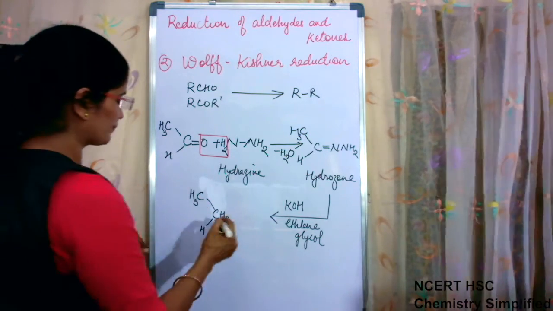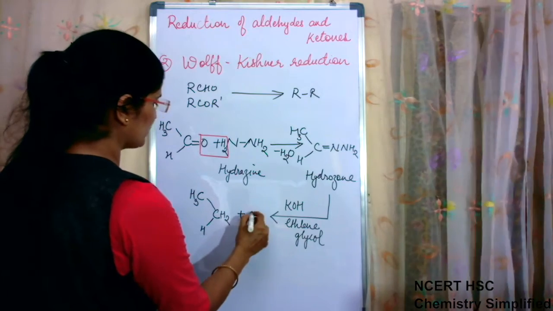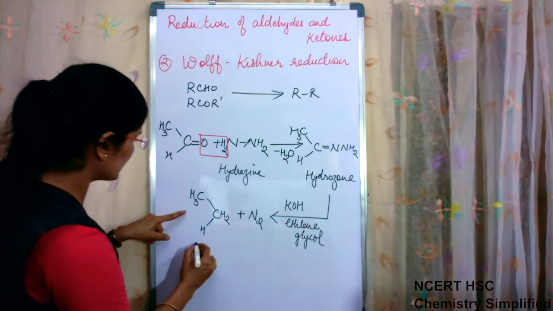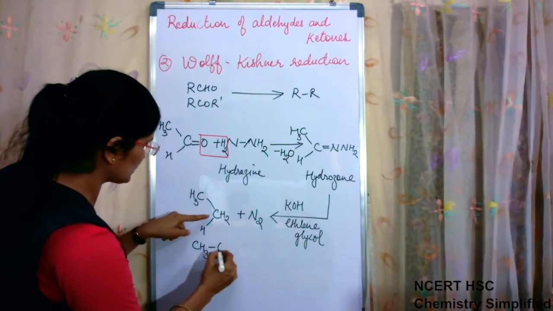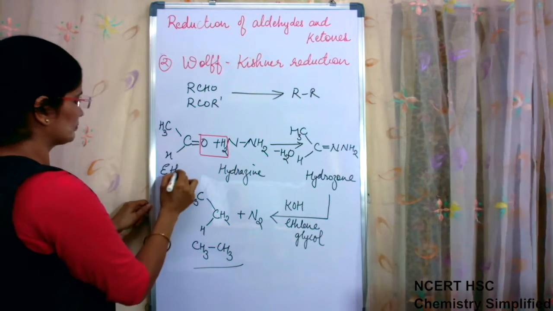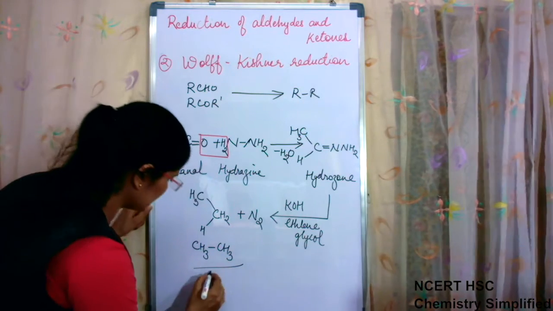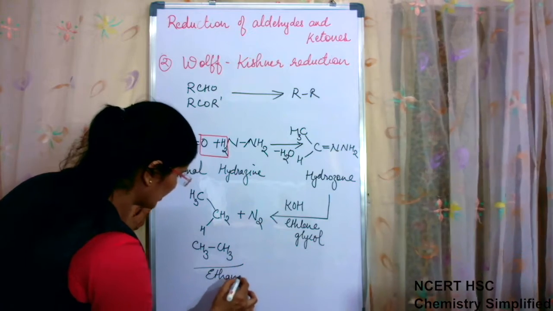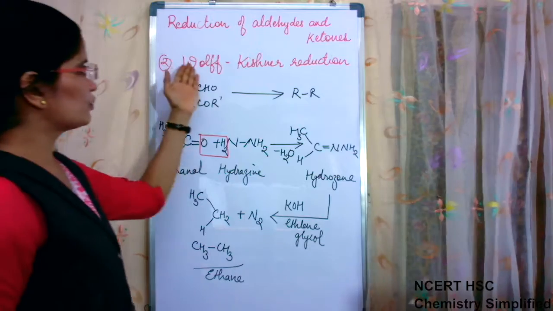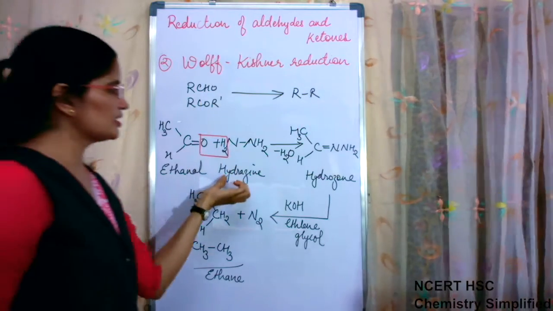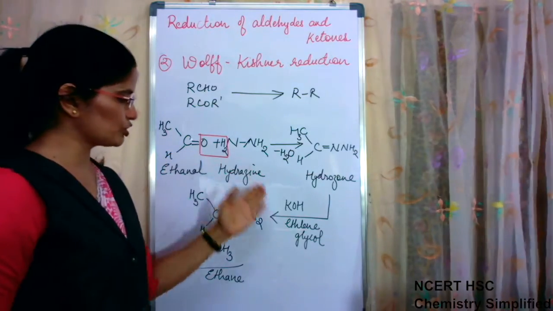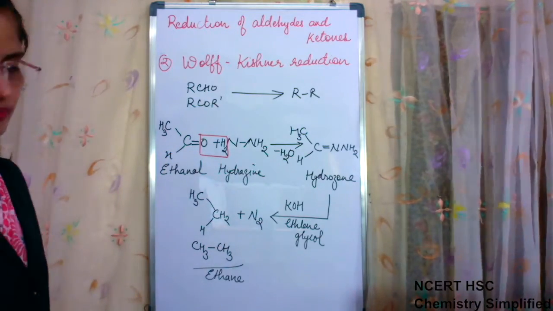CH3CH3 plus the byproduct nitrogen. So again we are getting CH3 single bond CH3. When we are using ethanal, we are getting ethane. So this reaction is known as Wolff-Kishner reduction, when hydrazine is used as a reducing agent to convert aldehydes or ketones to alkanes.